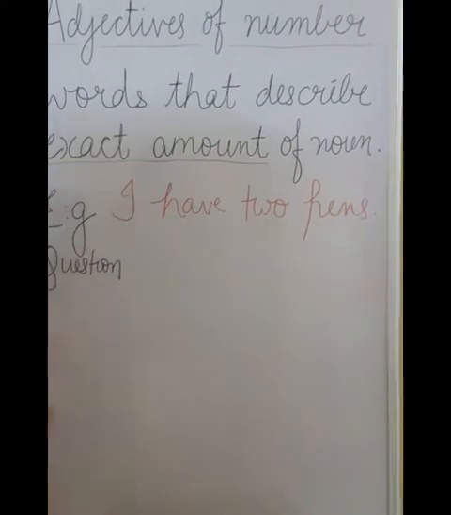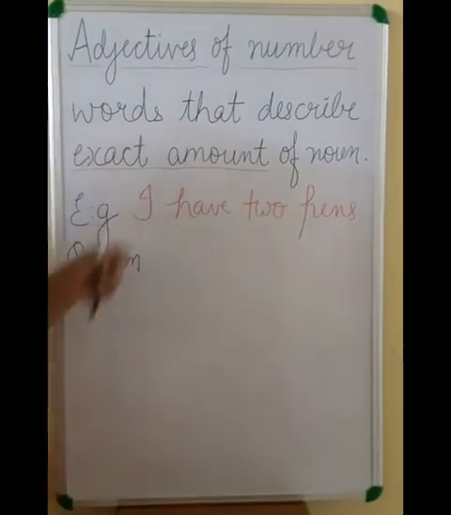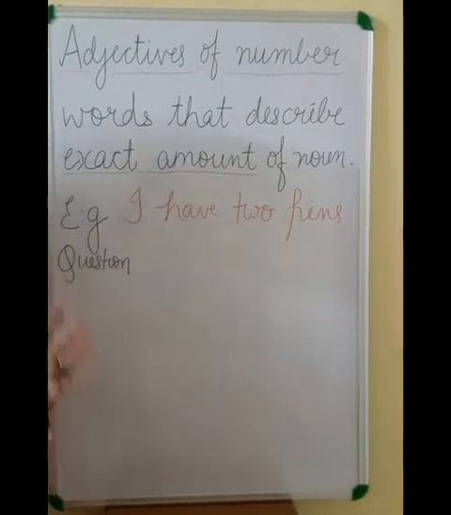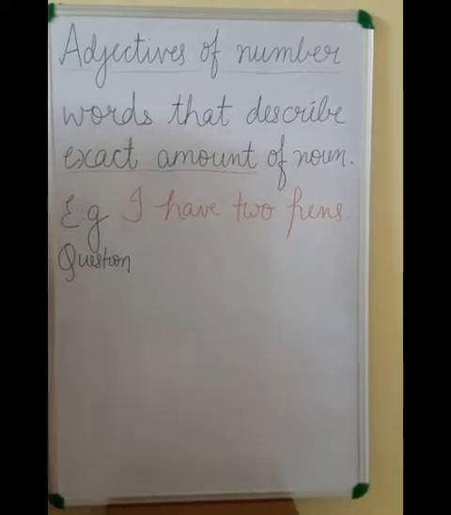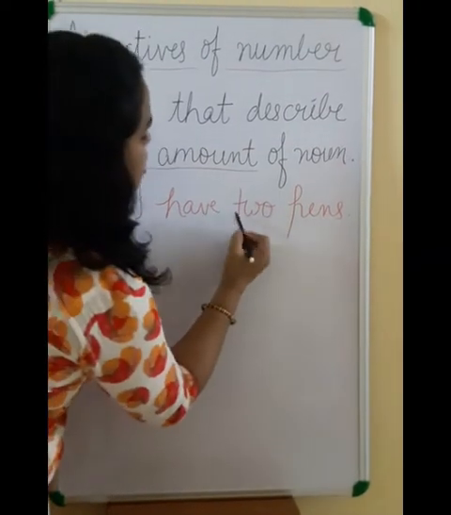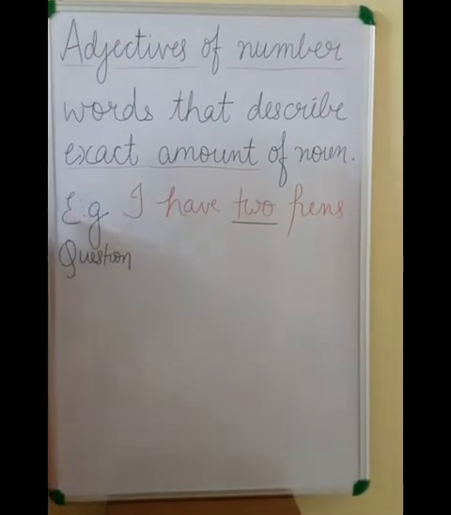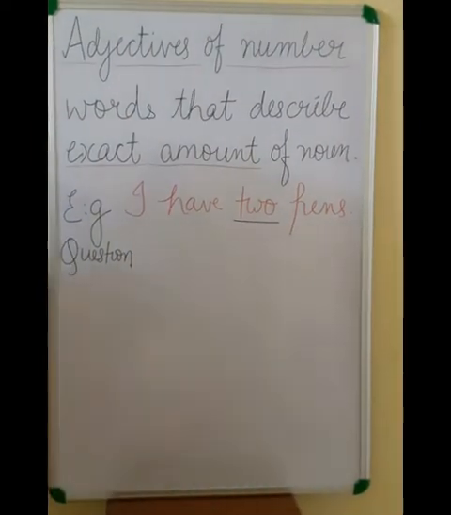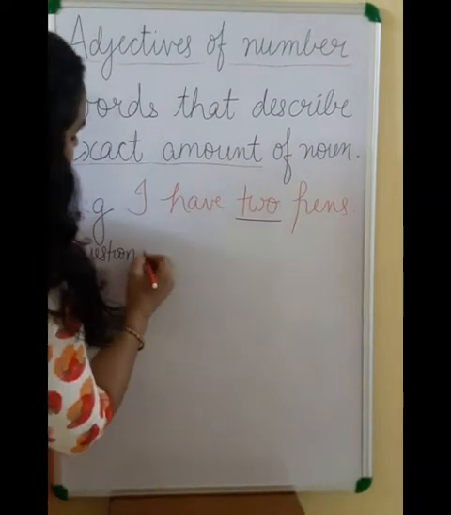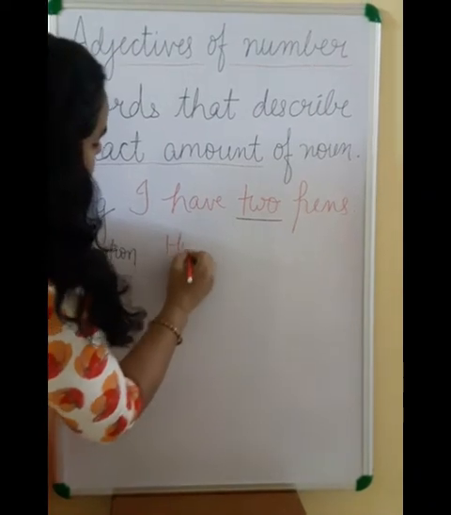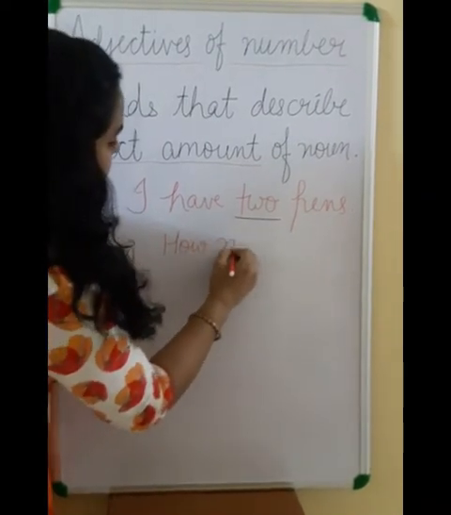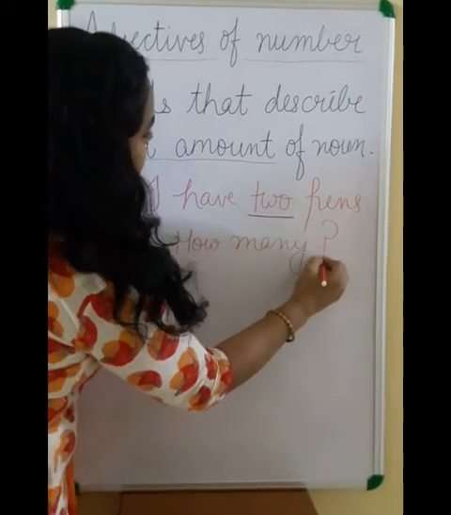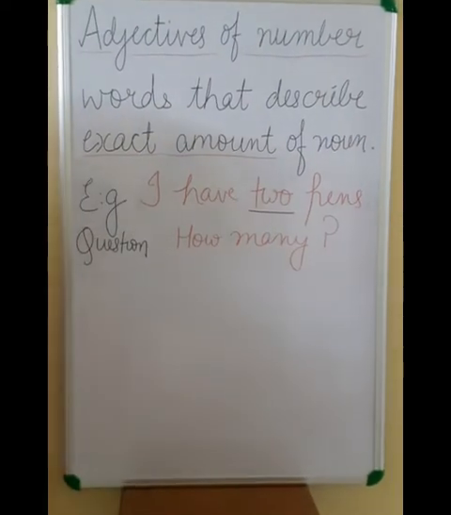Now, can you tell me which word describes the exact amount of pens you have? Yes, it is 2. Now, the question to which it answers is how many? Because it gives the exact amount of nouns you have.